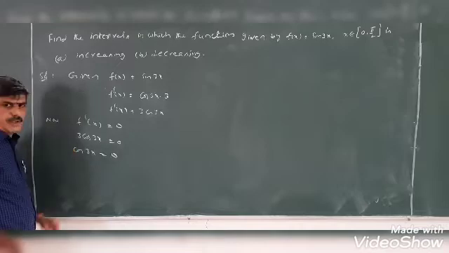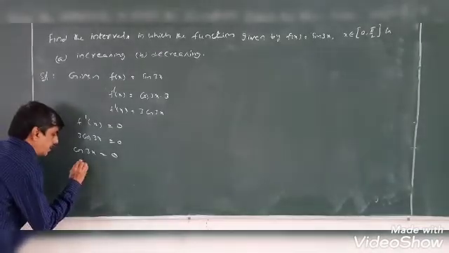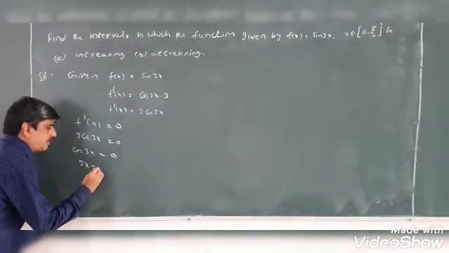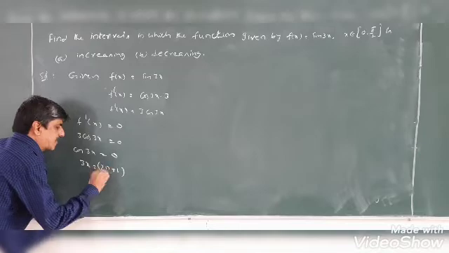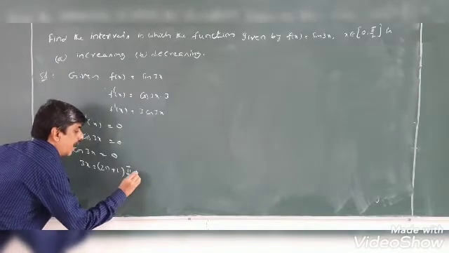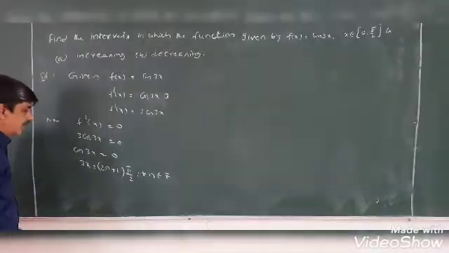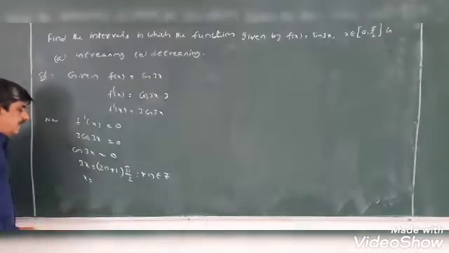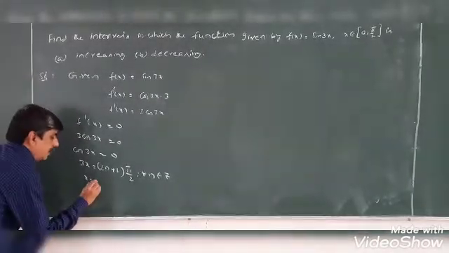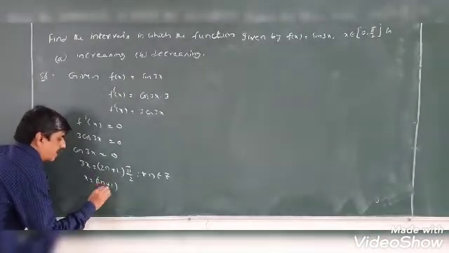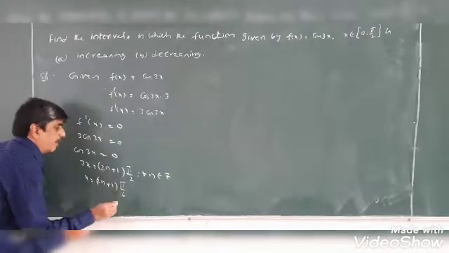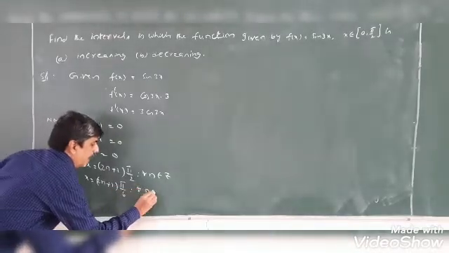So 3x is equal to 2n plus 1 into pi by 2, for every n belongs to the integers. So x is equal to 2n plus 1 into pi by 6, for every n belongs to the integers.